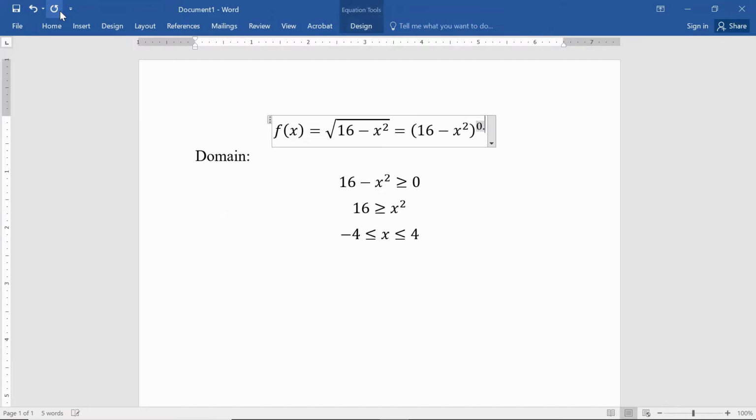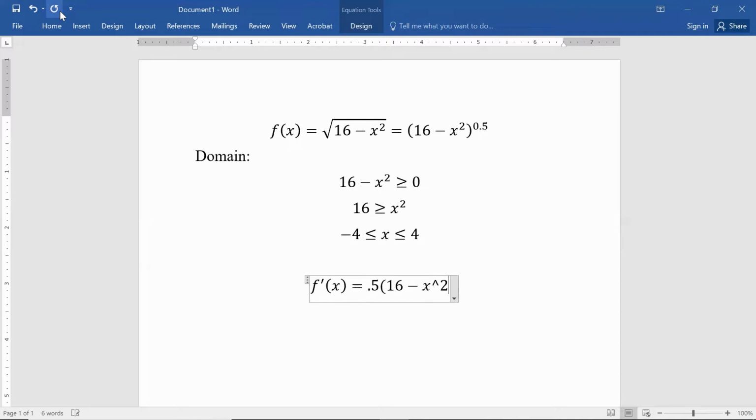If I think of it that way, then finding the first derivative is a matter of doing the chain rule. That means 0.5 would come out front. My inside function would be left as it is. My exponent would get reduced by 1. 0.5 minus 1 becomes -0.5.